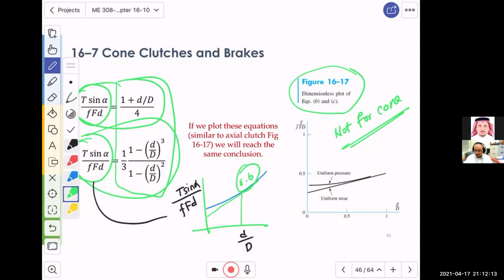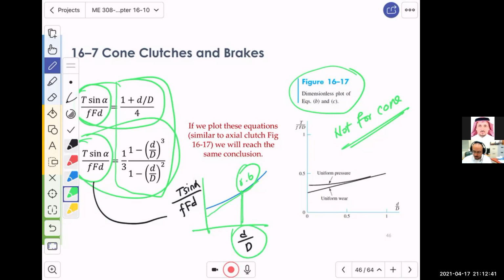And that is good for design. So as a designer, you will try to maintain a d over D around this number or a little bit beyond, to maintain that the torque capacity for both is very close, whether the clutch is new or old.